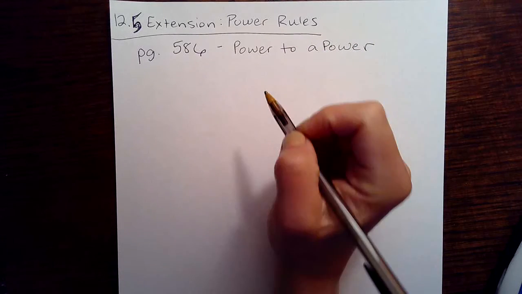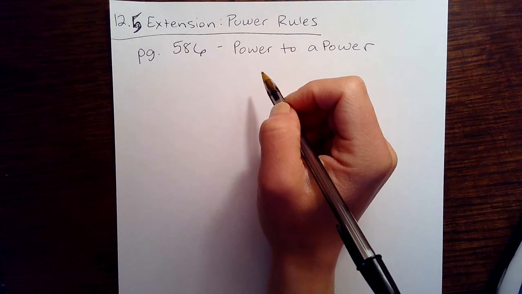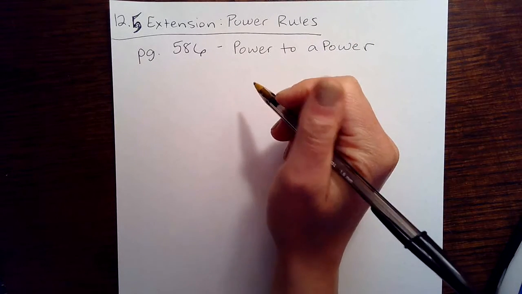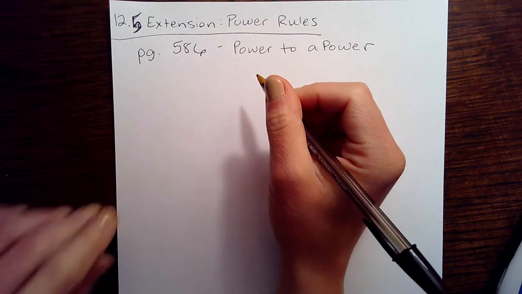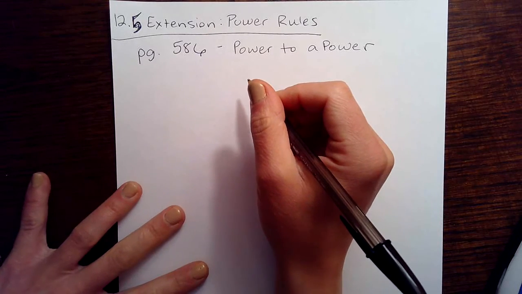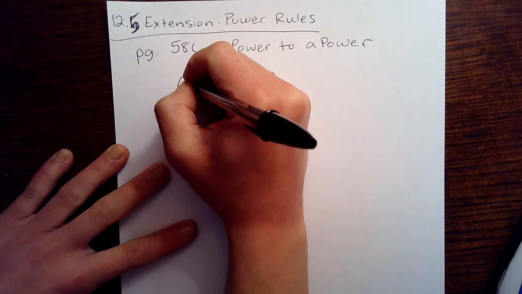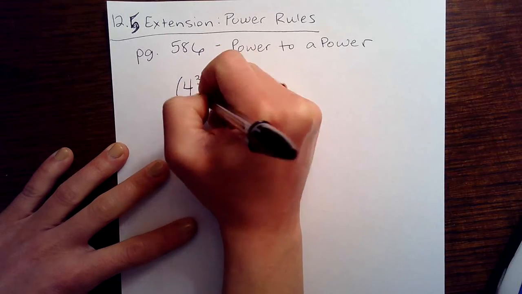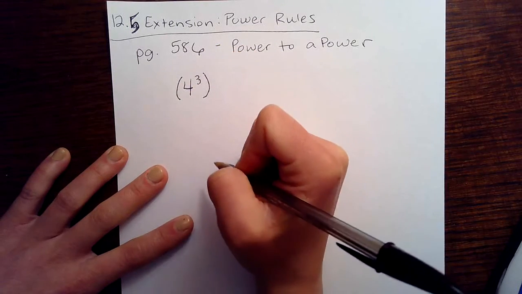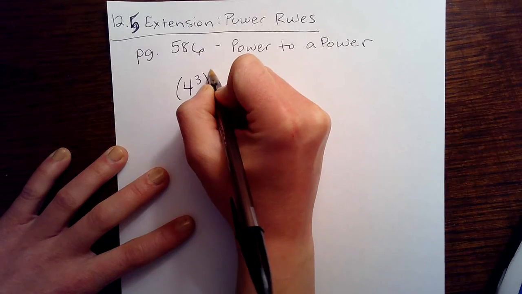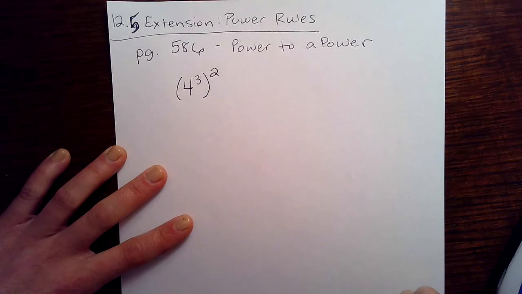It's just an extension of the rules that we've already used, but also a preview of what you'll do in Algebra 1. So when we say we have a power to a power, what we mean is, and you'll see this above where it says example, 4 to the third, that's a power, in parentheses, that whole thing to the second power.